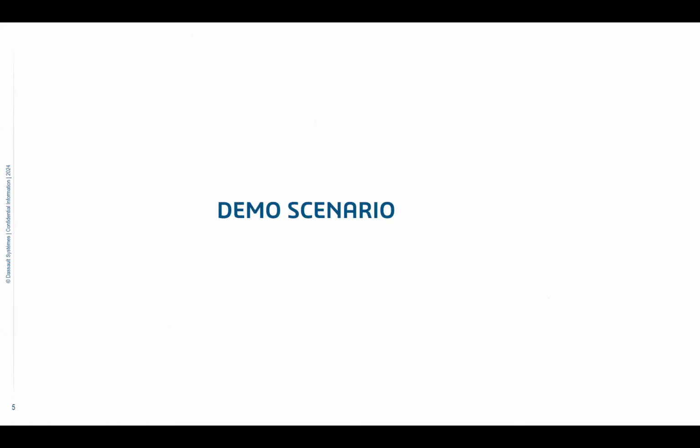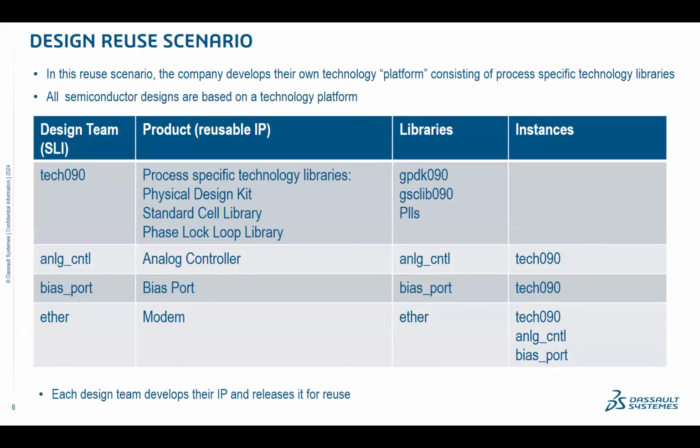So I'll be doing a demo scenario here. In this scenario, we have a company that builds their own technology. This would be a company like ST Micro, for instance. They build their own technology platform of the lowest level leaf cells that go into a semiconductor design. And then they have other teams that build IP blocks, or IP, if you will, based on that technology.